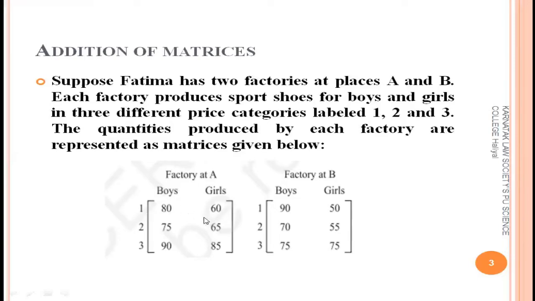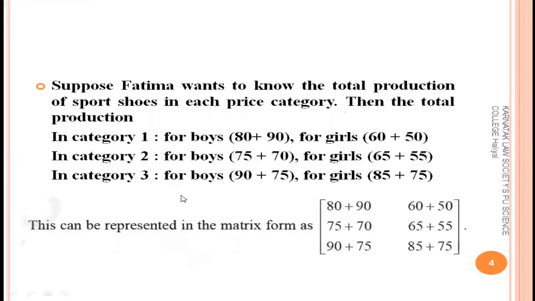We see there 1, 2, 3. These are the price categories for both factory A and factory B. We need to add these two matrices. Fatima wants to know the total production of sports shoes in each price category.